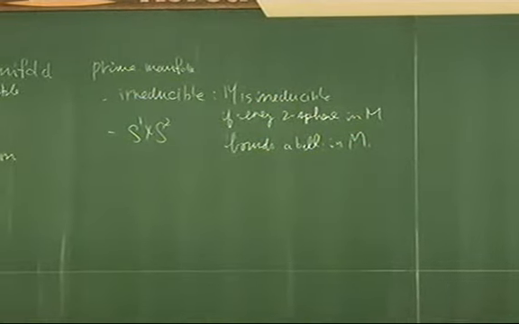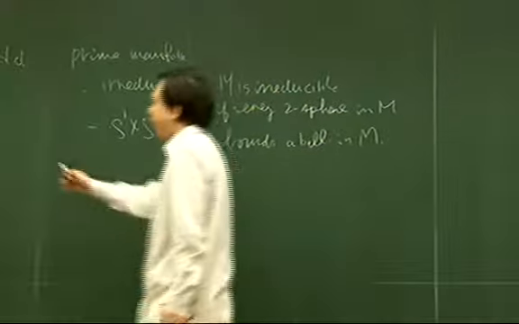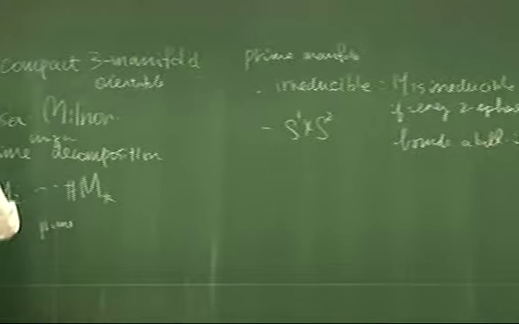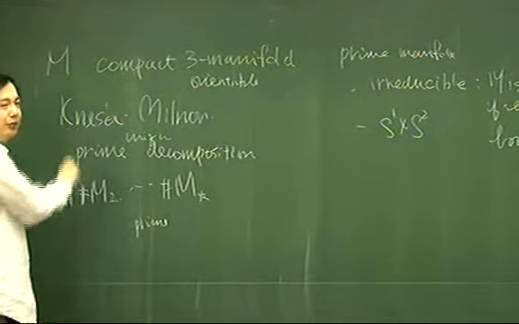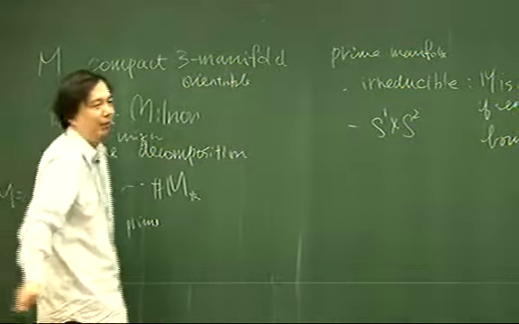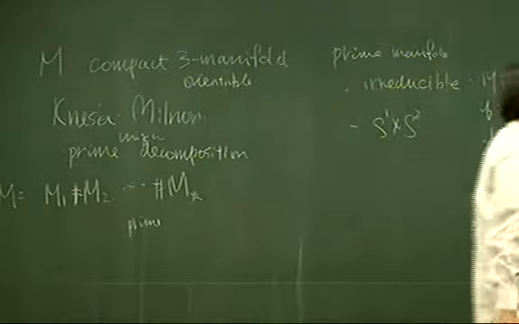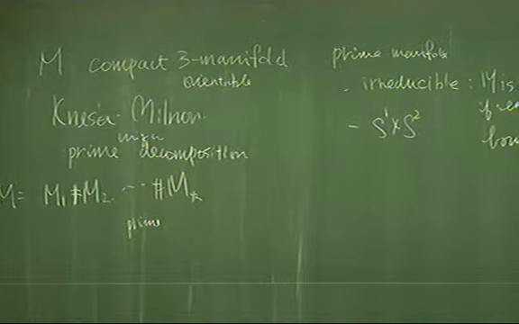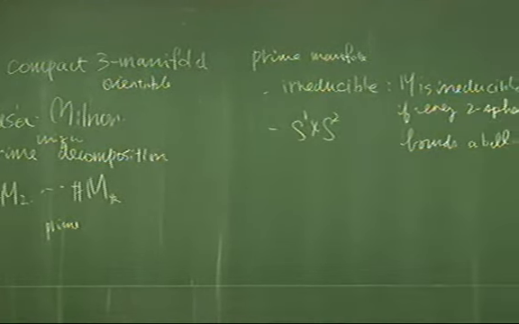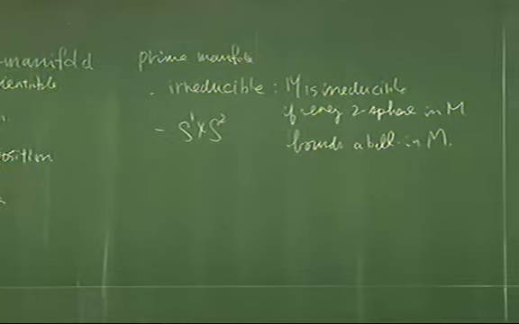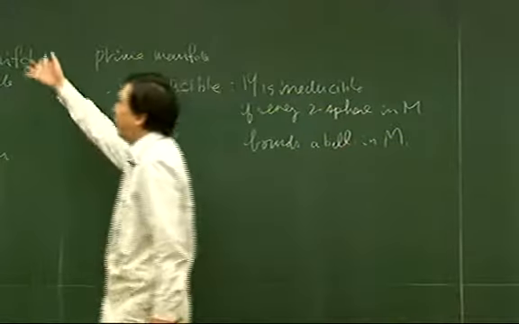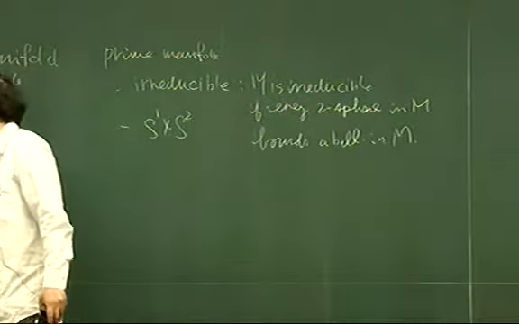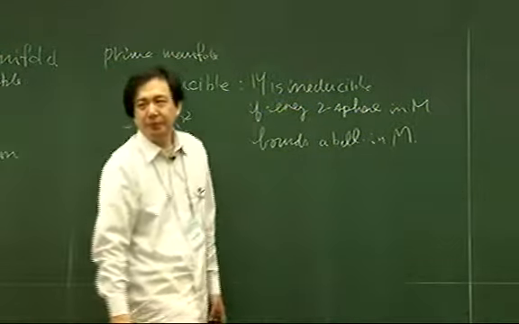Because this prime decomposition is unique, the existence of the prime decomposition is proved by Kneser, and the uniqueness is proved by Milnor. Because this decomposition is unique, to consider all compact three-manifolds, it would be sufficient to consider only the prime ones.